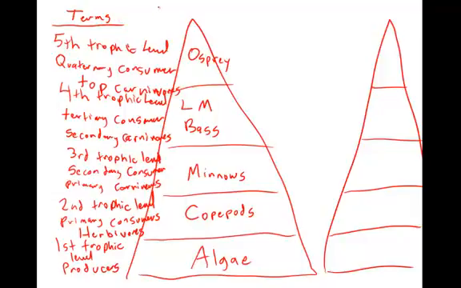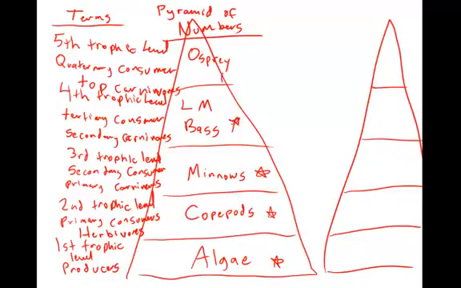Okay, so there's our terms, and this is our pyramid. This would be a pyramid of numbers. Now, it's not accurate in its proportions, but pyramid of numbers. What it shows is that the base down here where the algae are is wider than where the copepods and so on up.